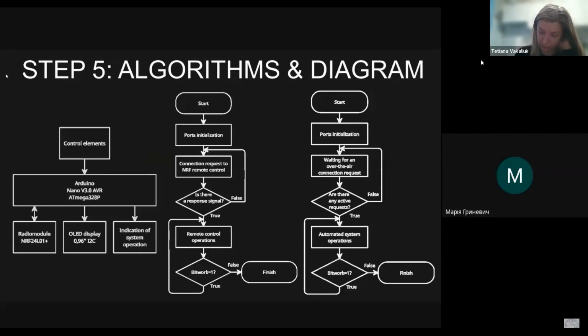The control panel operations algorithm begins with initialization, then the remote control acts as a receiver. In the case of a connection and receiving a signal, it is essential to exchange data with the platform and check the need to continue work. If the work is finished, the cycle ends.